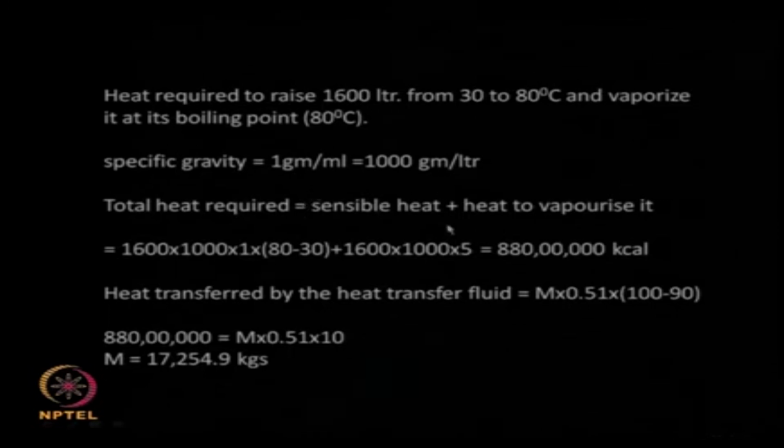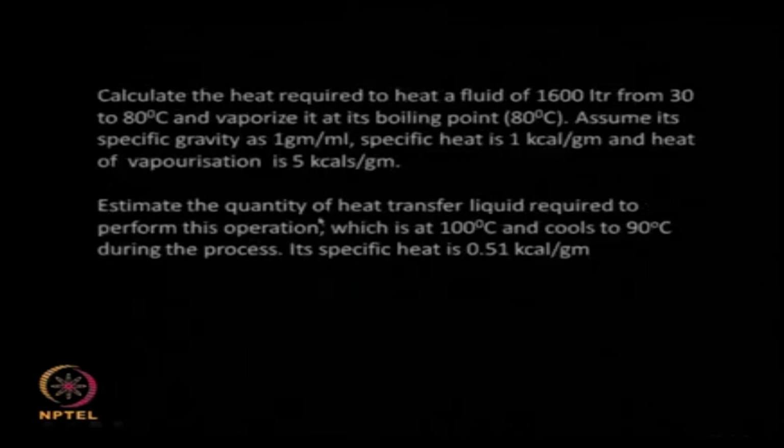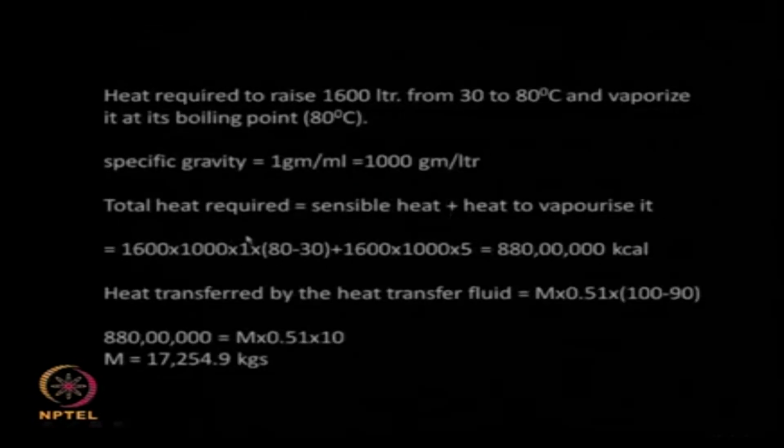Now the sensible heat is nothing but mass into specific heat into delta T, that means the rise in temperature 30 to 80 degrees. So mass, 1600 liter into specific gravity 1000 grams per liter, that gives you mass. Specific heat is 1 kilocal per gram, correct. So 1 multiplied by 80 minus 30, so this is the sensible heat part of it.